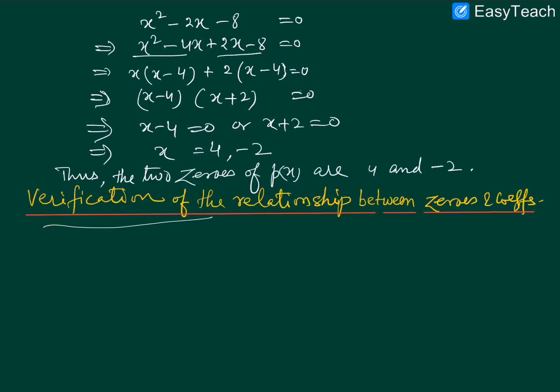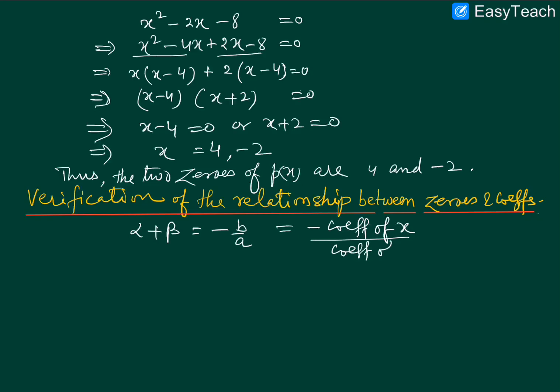Now, verification of the relationship between zeros and coefficients. We know that sum of the zeros, that is alpha plus beta, is given by minus b by a. b is the coefficient of x in the polynomial and a is the coefficient of x square.